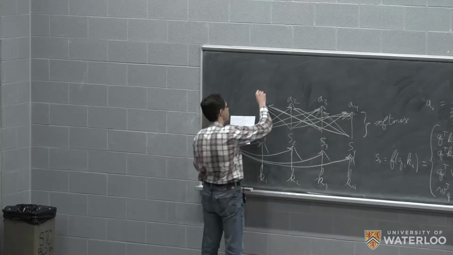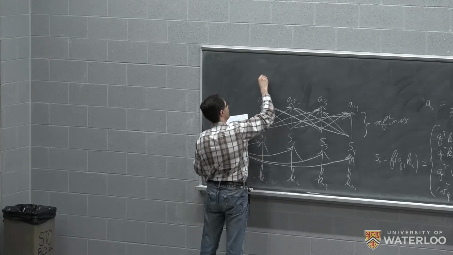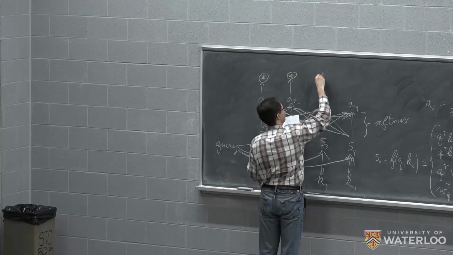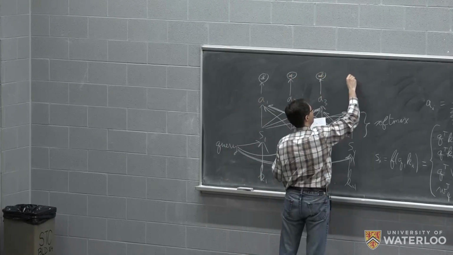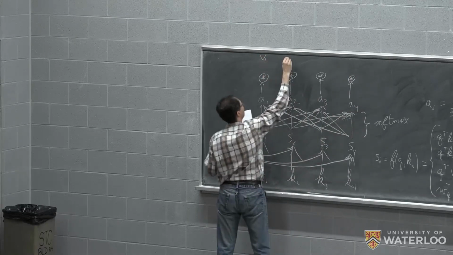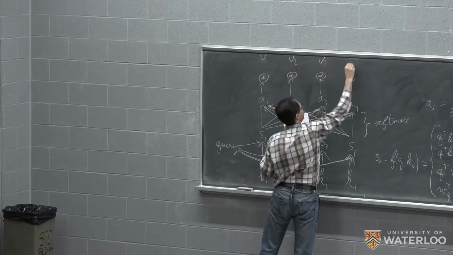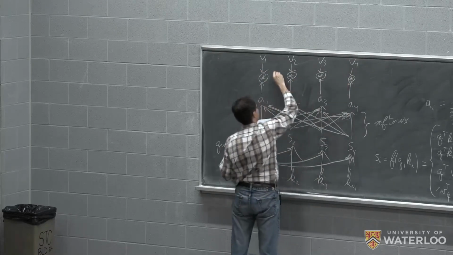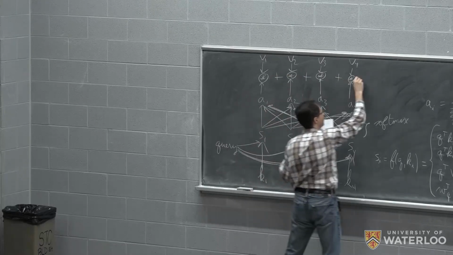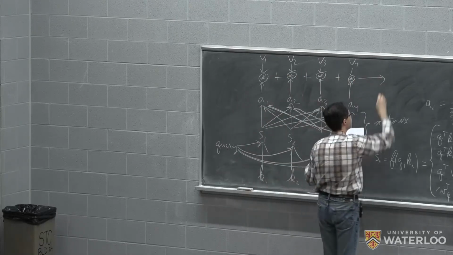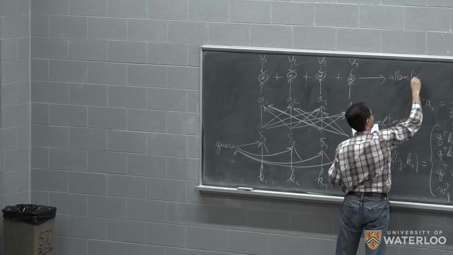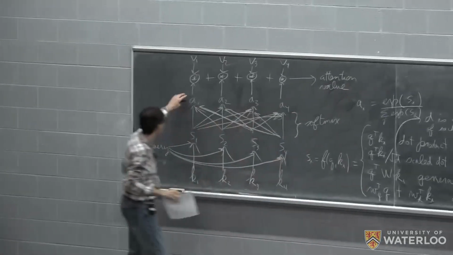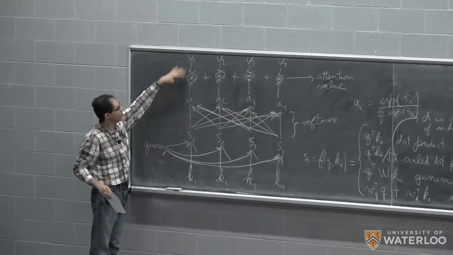Okay, and then after this, we're going to have our weighted combination. So what I've shown here is that we multiply A1 by V1.